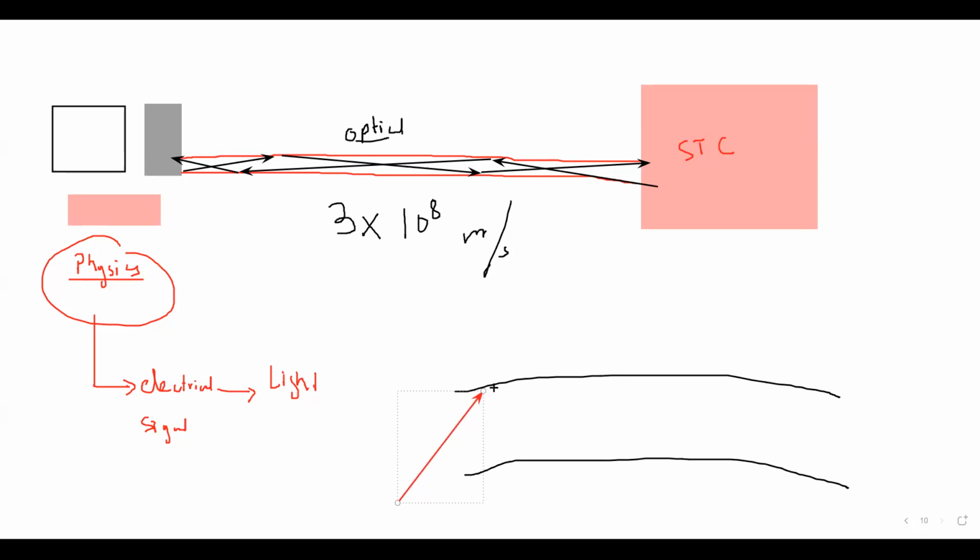This is practically also not correct, and if you show a lot of reflection, you will lose the mark. Try to show minimum reflections, greater angles, only 1 or 2 reflections, and the light will reach the other end. So we use optical fiber for communication. Is it clear?